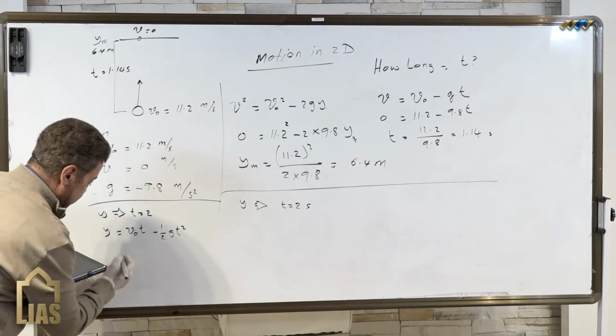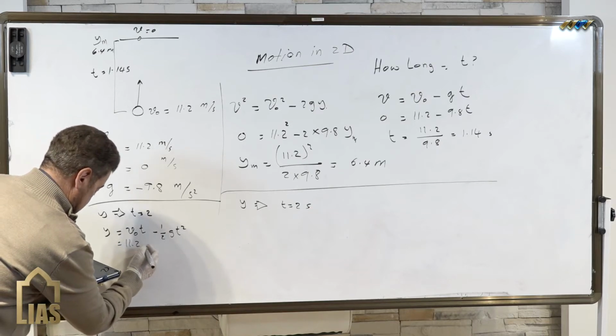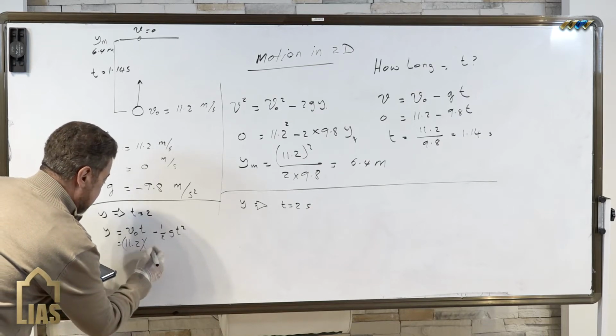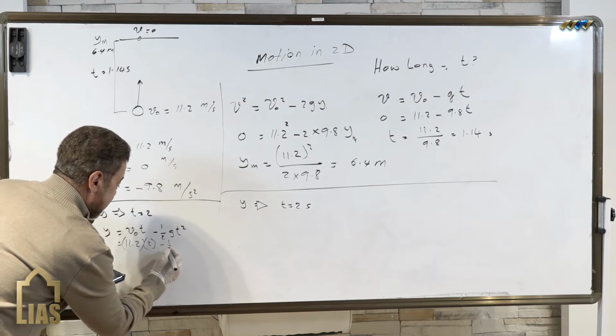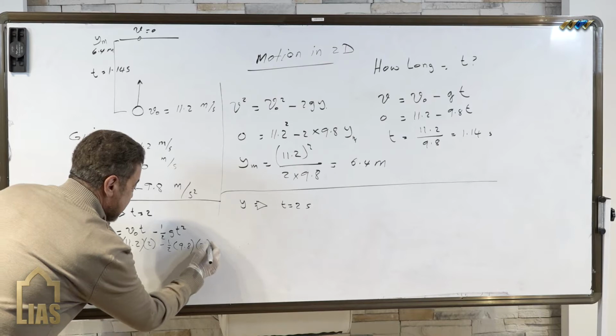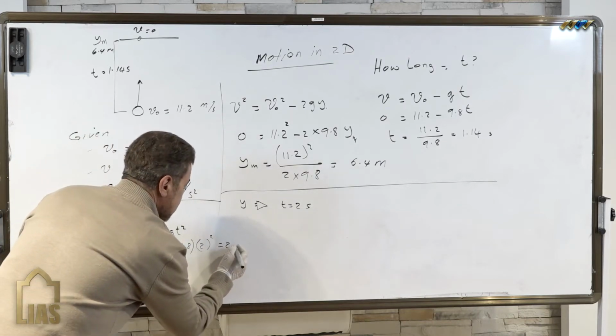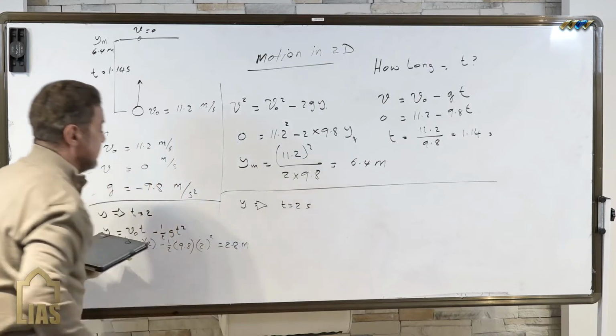And we have here 11.2 times 2 second, minus half 9.8 times 2 second squared, and this gives you 2.8 meters.